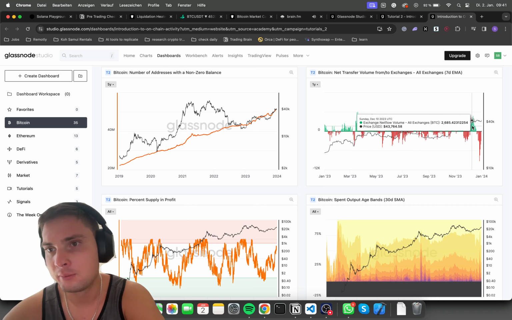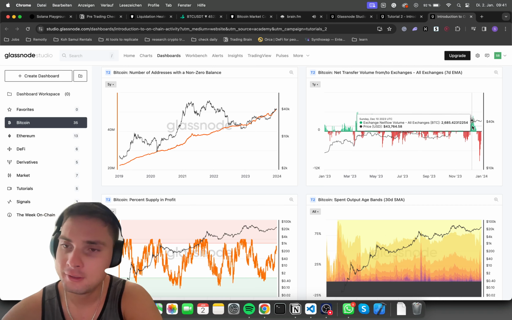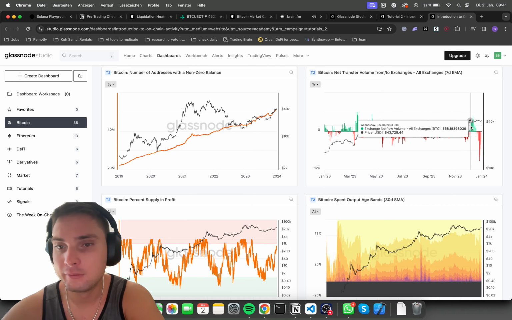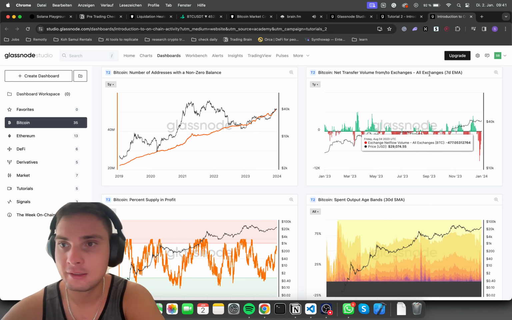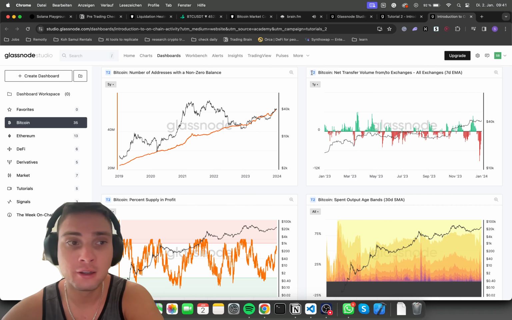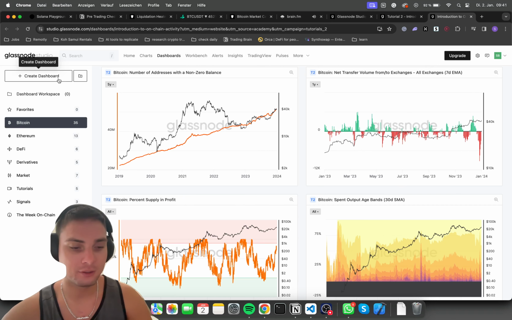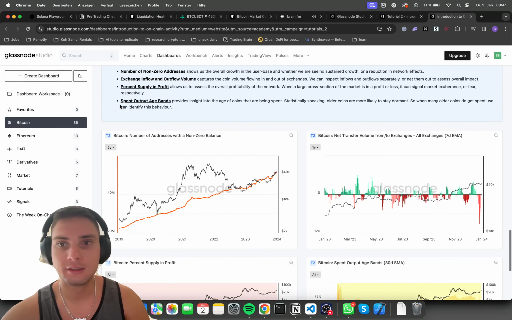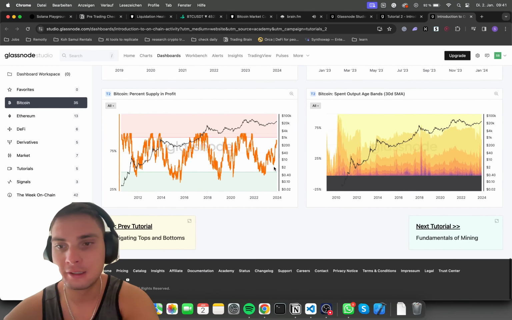We are higher. People realizing profits, moving funds to the exchange. So seeing a lot of inflow. So that makes sense. Now I only have to figure out, if I create my own dashboard, how can I add these charts? Well, let's figure that out later.